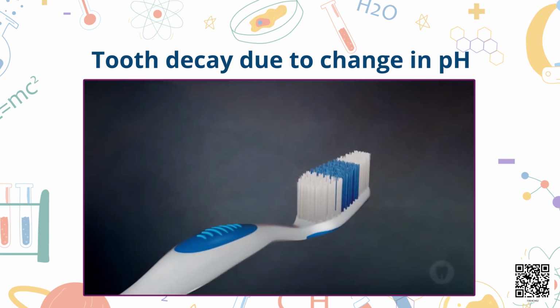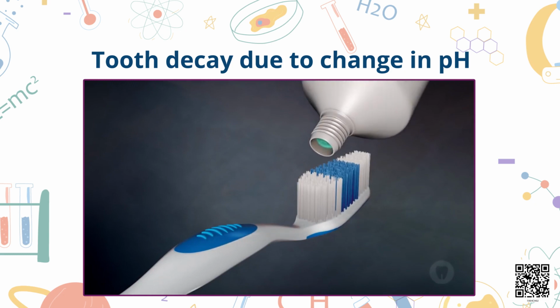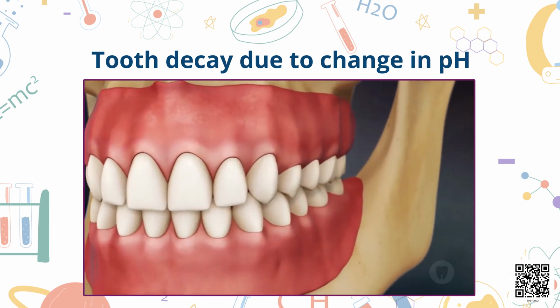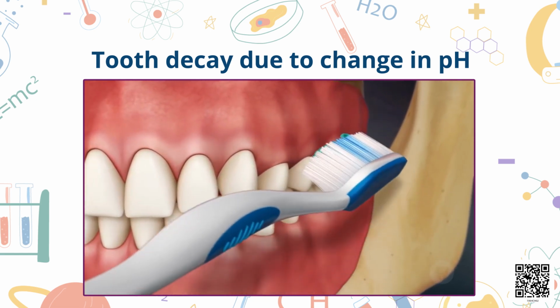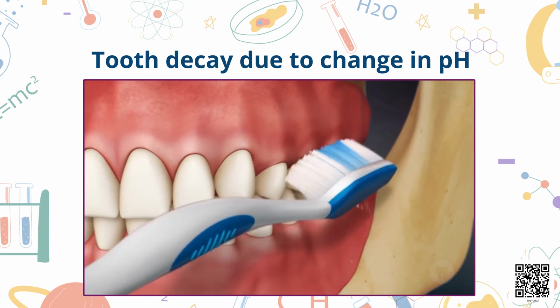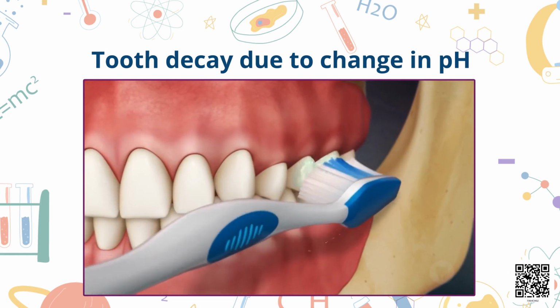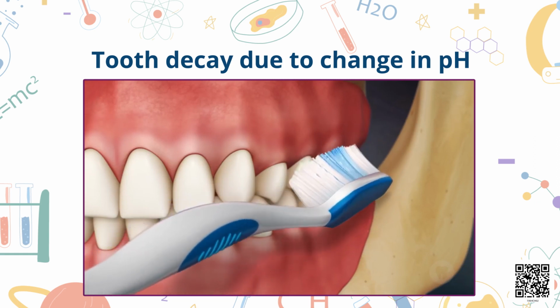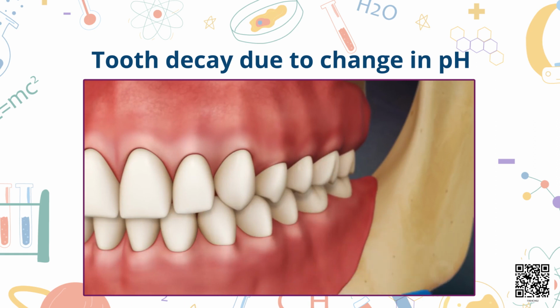The best way to prevent this is to clean the mouth after eating food. Using toothpaste, which is generally basic, can neutralize the excess acid produced by bacteria in the mouth and thus can prevent tooth decay.